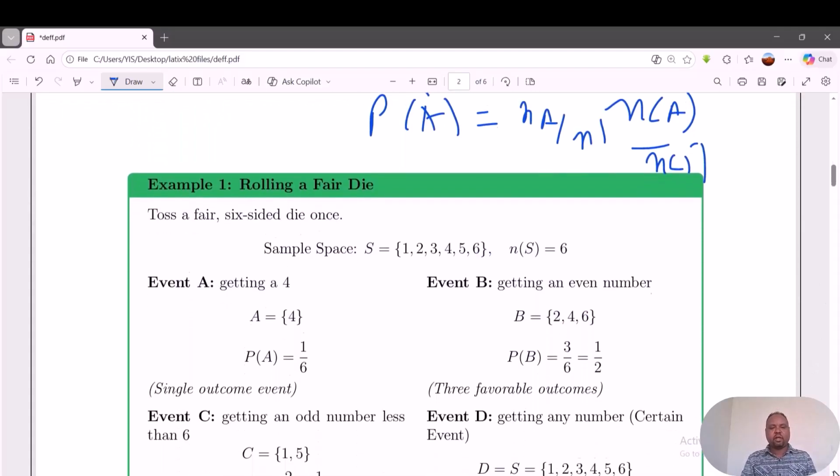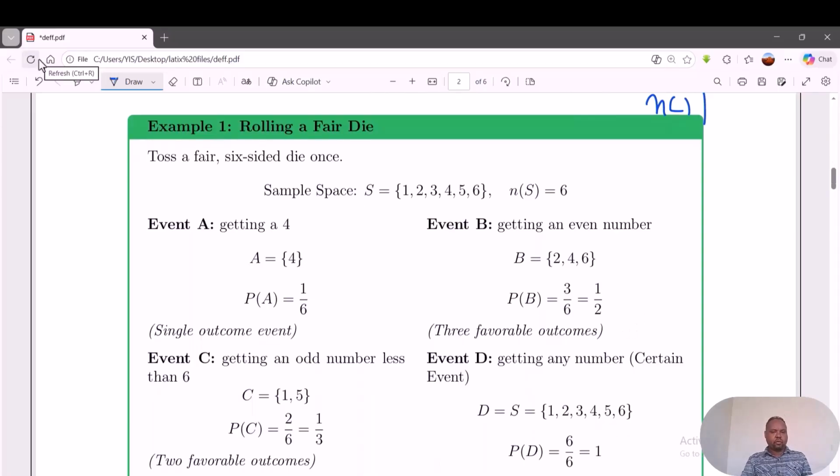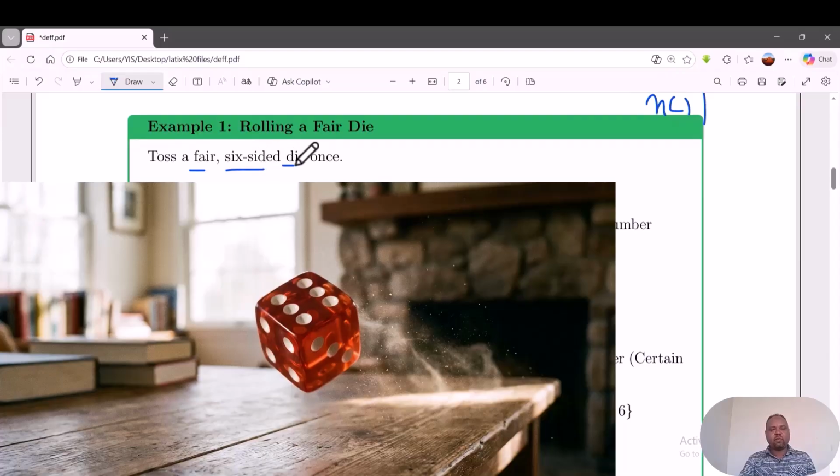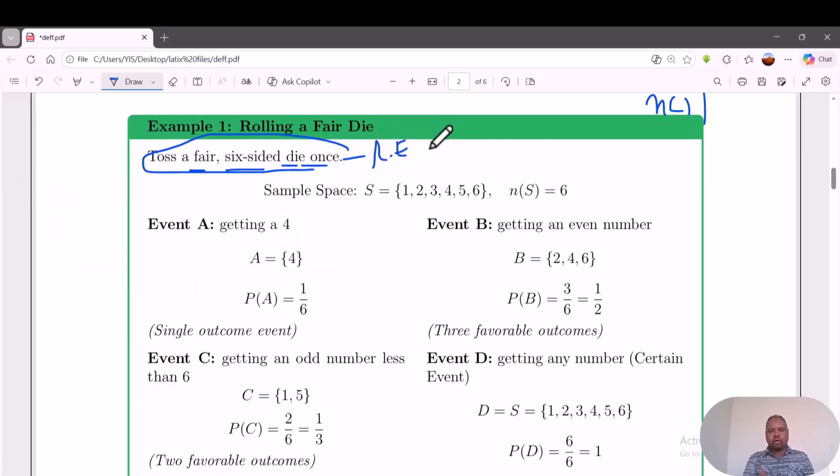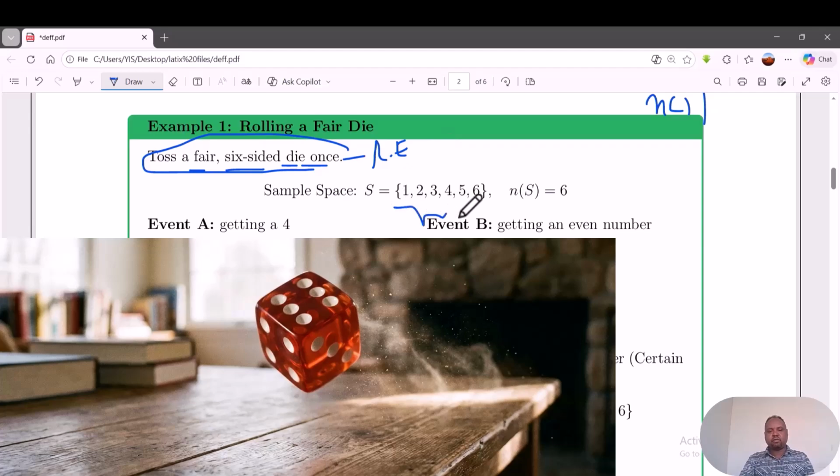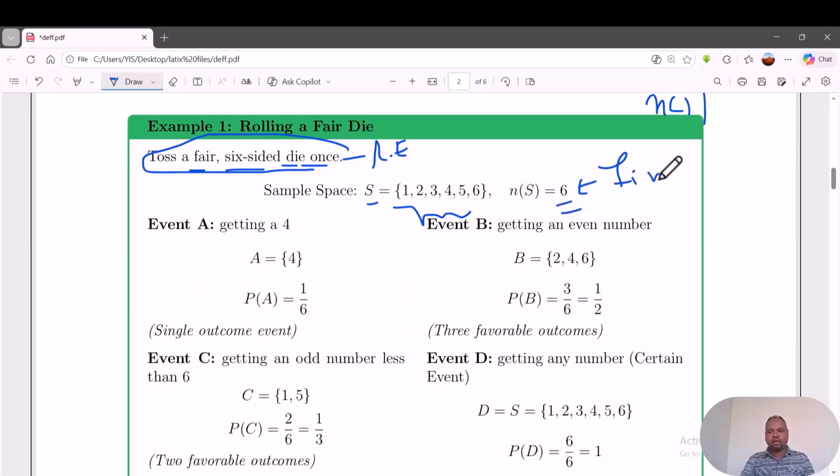Let's see one example. If we toss a fair 6-sided die once, this is the random experiment. From this random experiment, we expect to have the sample space, denoted by S, which consists of 6 outcomes, where this 6 is finite and can be enumerated.